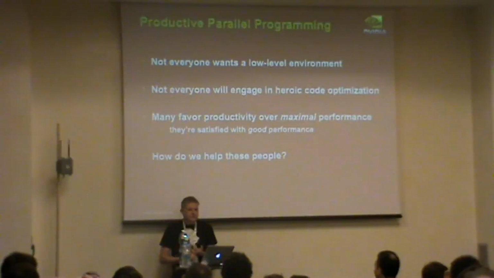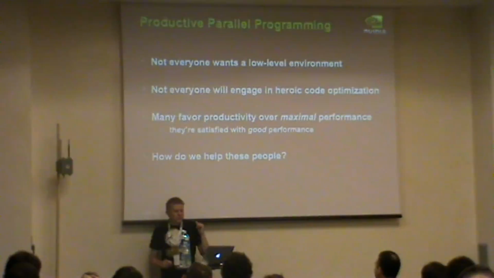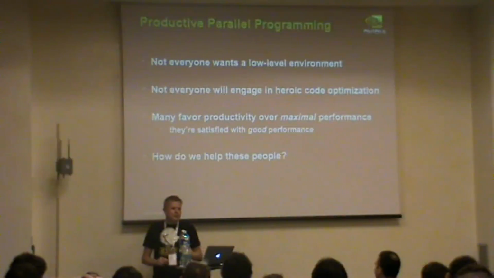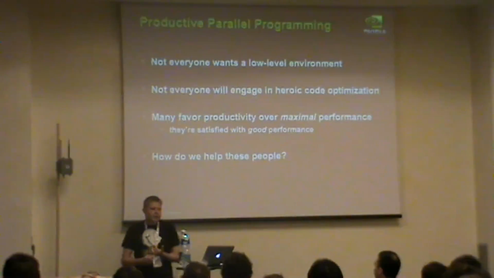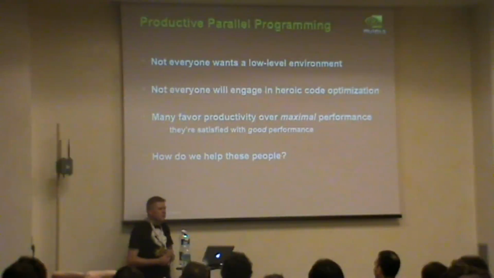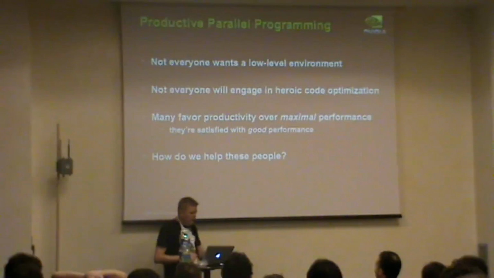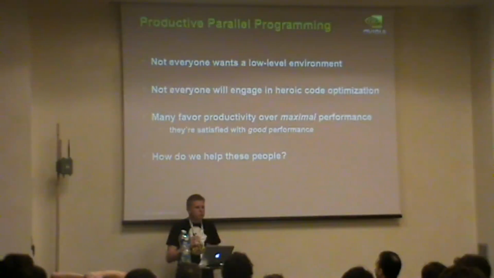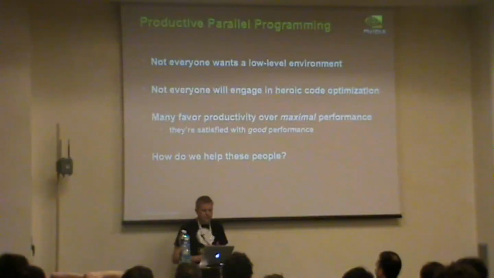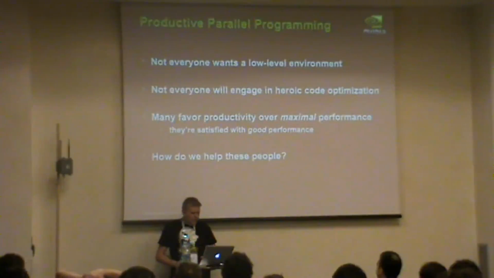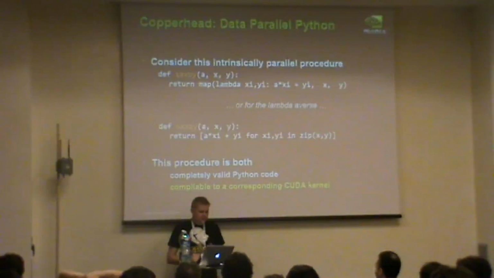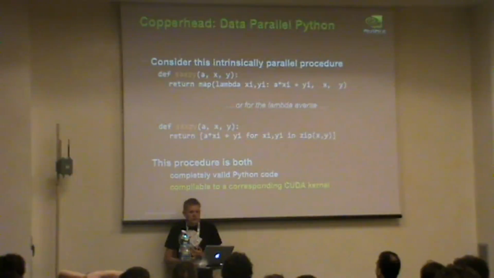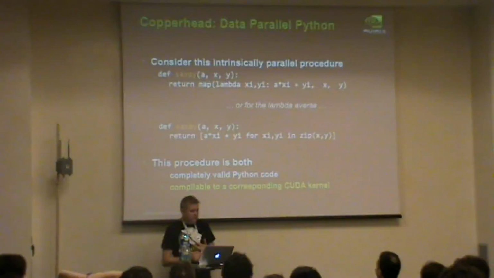The summary from them is that not everybody wants to know the low-level environment, especially in our target group, engineers and scientists. They couldn't find many serious scientists who want to write their program in C on the GPU. So they implemented a Python interpreter for GPUs.